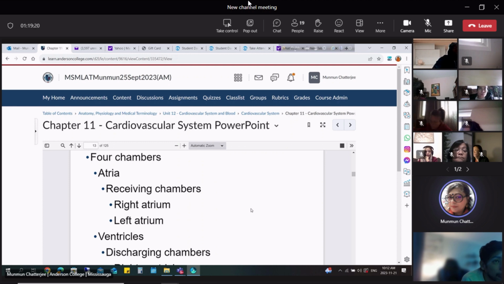This is very important, and it is going to come in questions anytime. The left atrium always receives the oxygenated blood from the lungs, after the gaseous exchange or purification.